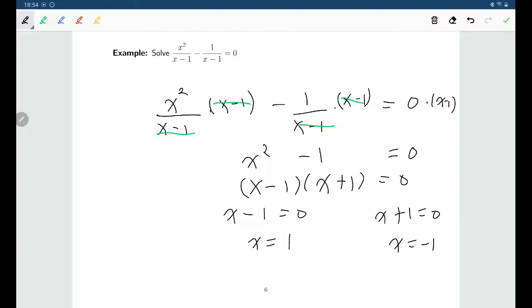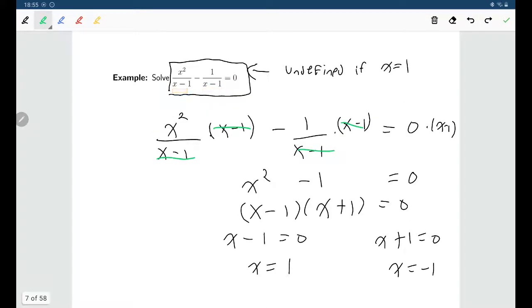But just like with the last one, this approach has a problem. And the problem is this. If we were to look back at the original equation, it is not defined when x is equal to 1. If x were equal to 1, then you would have zeros in the denominator for both of these fractions.